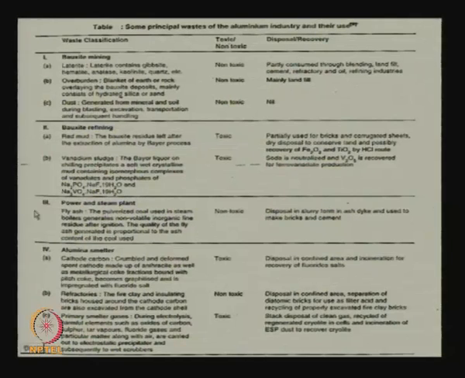Power and steam plant, we generate combined power and steam, where the steam goes for the autoclaves. Fly ash is non-toxic, is disposed in slurry form to ash dikes and used to make bricks and cements.